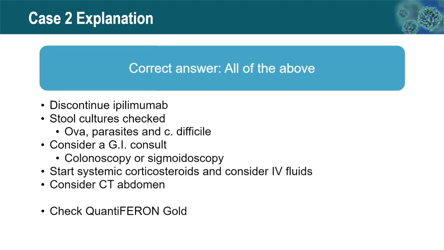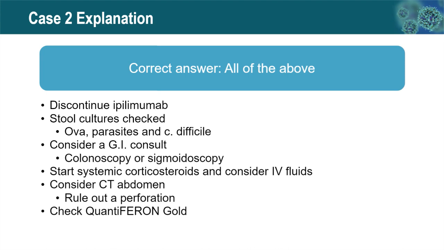In this case, the patient has both diarrhea and abdominal discomfort, therefore raising the question as to whether the patient has developed symptomatic colitis. In this instance, it is important to hold the offending immunotherapy, option A, to check for alternative diagnoses such as GI infection, option B, to consider a colonoscopy or sigmoidoscopy for pathologic confirmation of this toxicity, option C, to start empiric treatment with corticosteroids and supportive treatment with IV fluids, option D, and to consider a CT abdomen as the patient has abdominal discomfort.